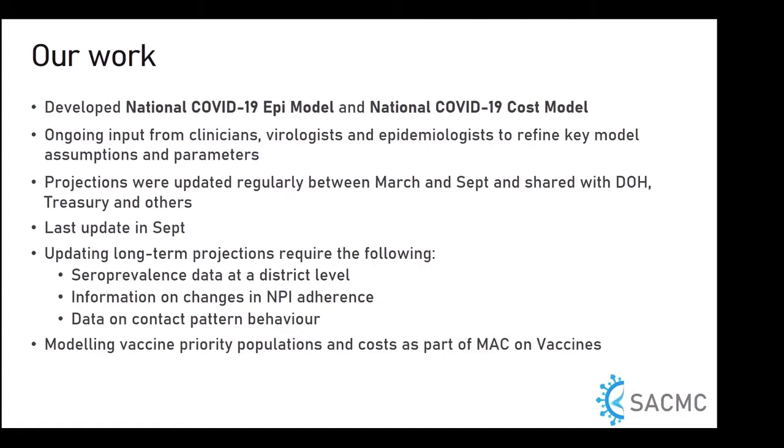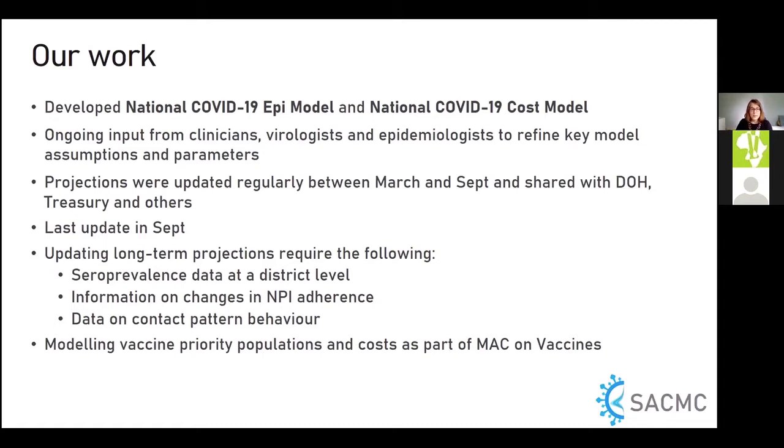And we need better data on contact pattern behavior in particular. We are working on adding this data, analyzing it, and incorporating it into a new model that allows us to forward project. We are also working alongside the Ministerial Advisory Committee on Vaccines to model vaccine priority populations and the budget needed for different vaccine options over the next couple of years for South Africa.